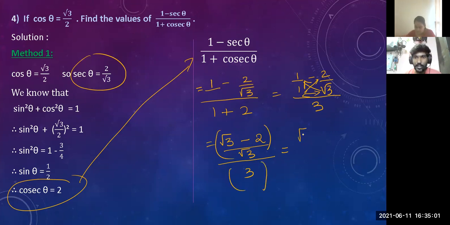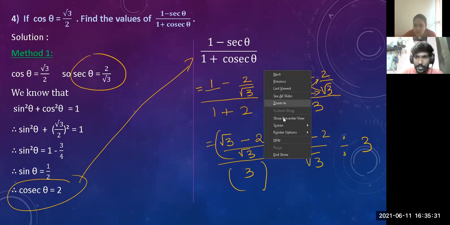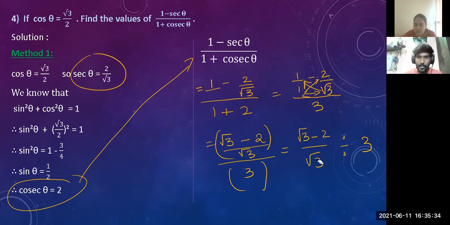So I'll write it like this, root 3 minus 2 upon root 3 divided by 3. Wait, how did you get root 3 in the denominator? Sec theta is 2 upon root 3. When you cross multiply it, you will get 2 upon root 3 into 3. No, I think you didn't understand the cross multiplication. Okay, I'll do it again.